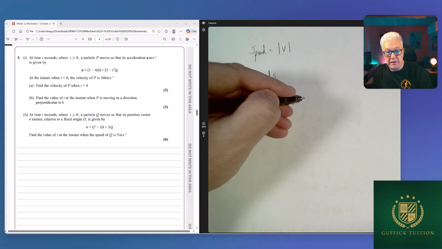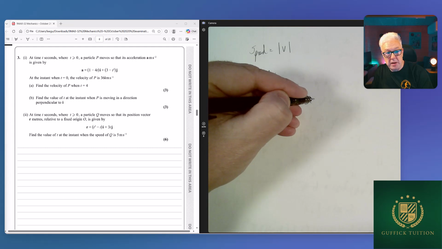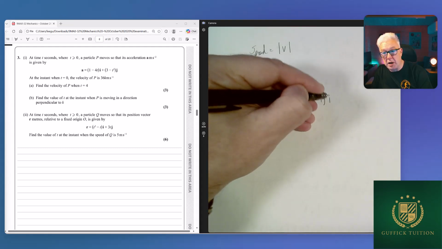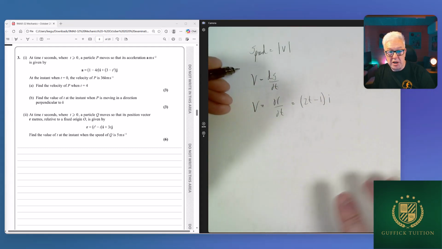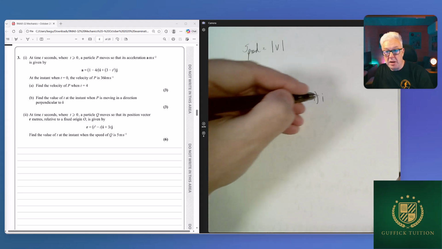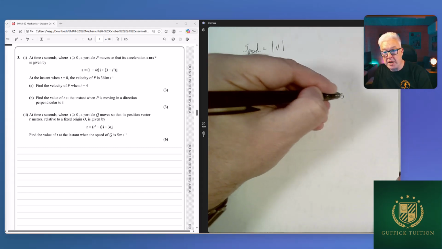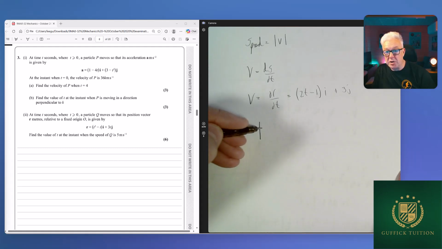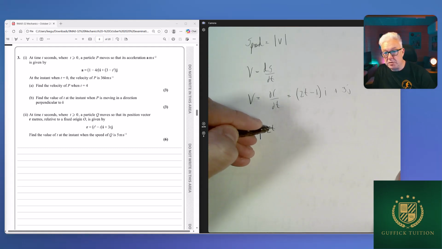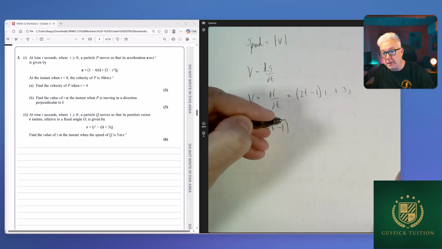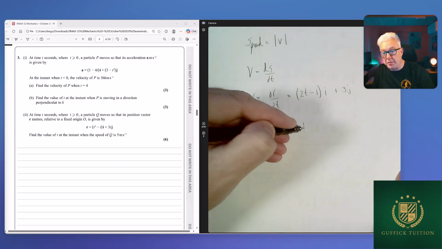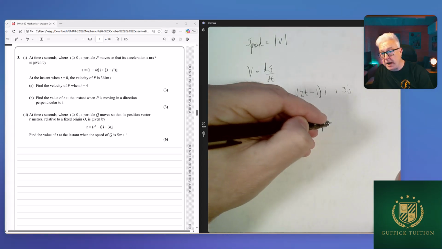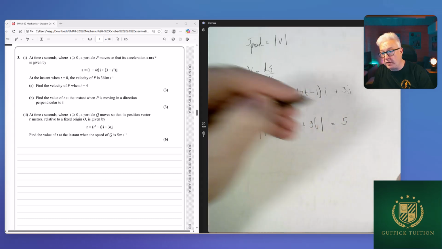That's going to give us (2t minus 1)i, because we've differentiated the t squared minus t, plus 3j. Okay, so that's our expression for our velocity. Now what we're saying is that the magnitude of this, (2t minus 1)i plus 3j, is equal to 5.